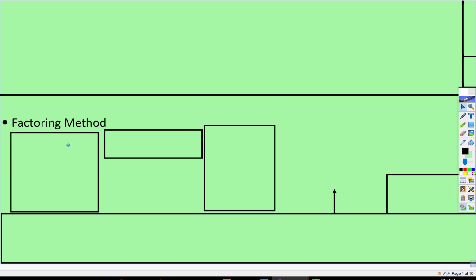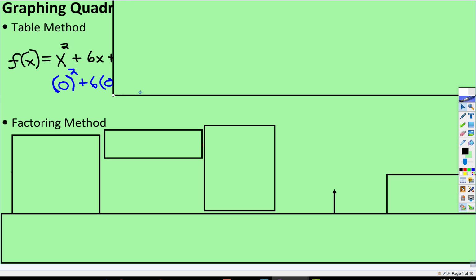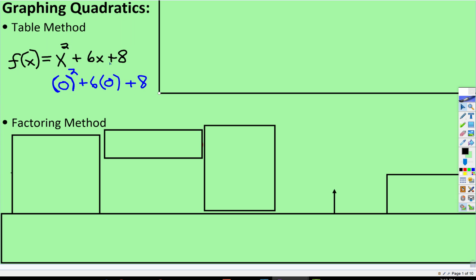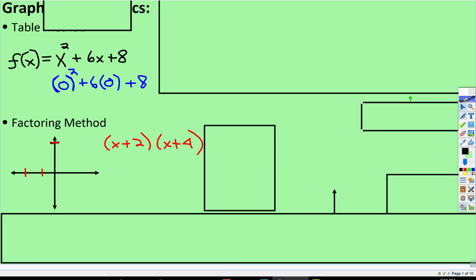Now there's the factoring method. So if you have this function right here and you were to factor it, well, factors of 8, 2 and 4, 2 times 4 is 8, 2 plus 4 is 6, so it meets that criteria.